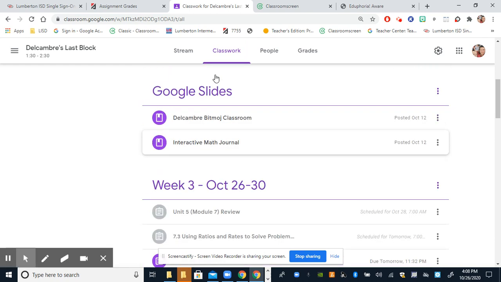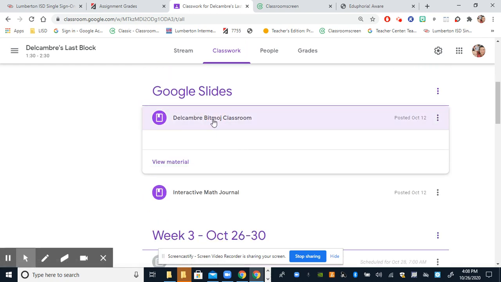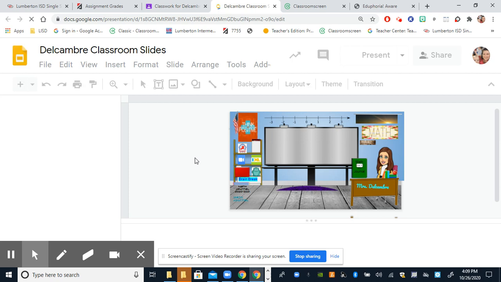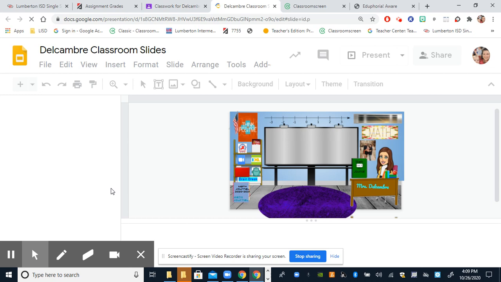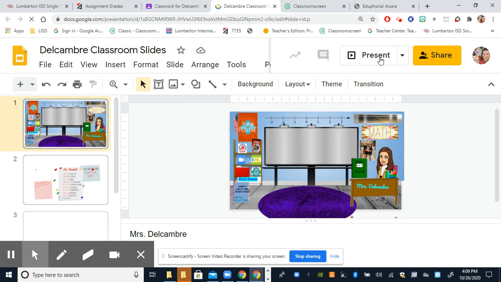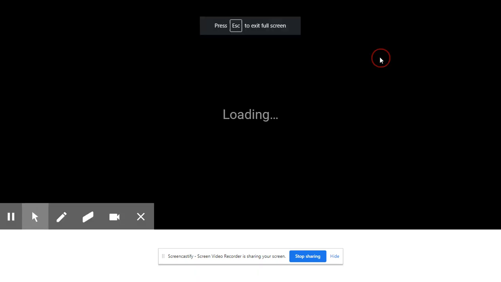Let me get to Bitmoji Classroom. So this week we're going to be working on ratios and rates. Thursday we have our review, and then Friday we have our test. Okay, so here's a quick rundown. What I also did is I made a link.